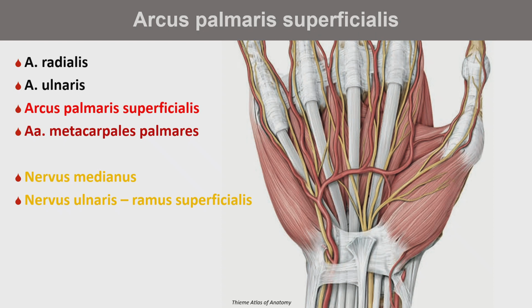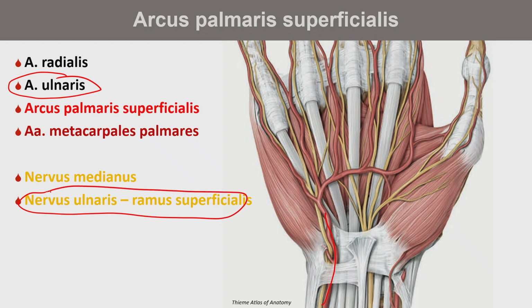Arcus palmaris superficialis is mainly supplied by the ulnar artery. You can see here how the artery is following the distal part of the nervus ulnaris, superficial branch, and then is bowing to the radial part, and then we can see multiple metacarpal arteries. 1, 2, 3, 4, 5.